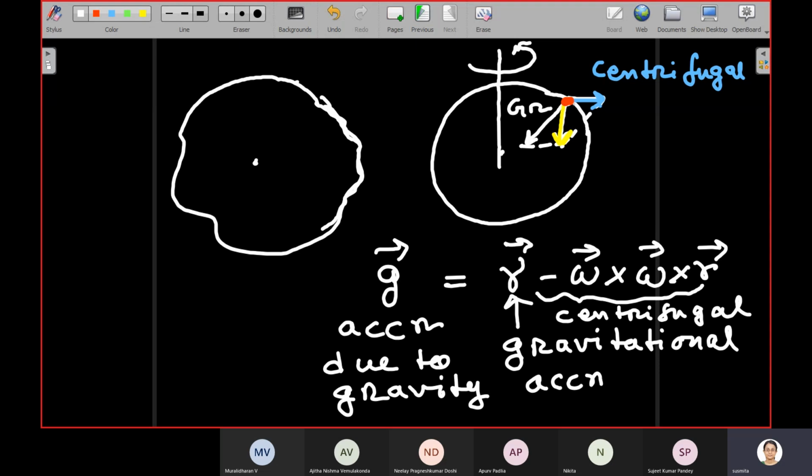Now what will be the equipotential surface of the body when we consider both of these forces, gravitational force and centrifugal force? It can be shown that the equipotential surface, which is normal to the resulting force, is an ellipsoid. This is why a good representation of the Earth's surface is an ellipsoid, not a sphere.